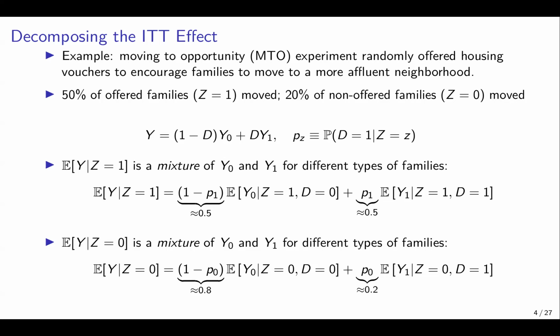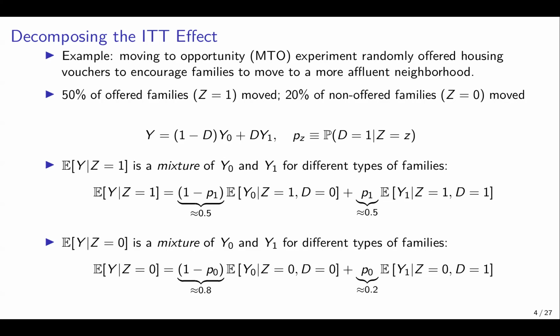So this is an average of the untreated potential outcomes for families who, when you offer them the chance to move to opportunity, don't. On the other hand, the expected value of y1, given that z is 1 and d is 1, well, what is that? That is the average treated potential outcome among families who, when they are offered the chance to move to opportunity, z equals 1, they take it, d equals 1.